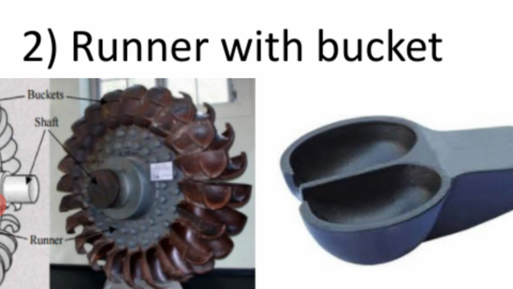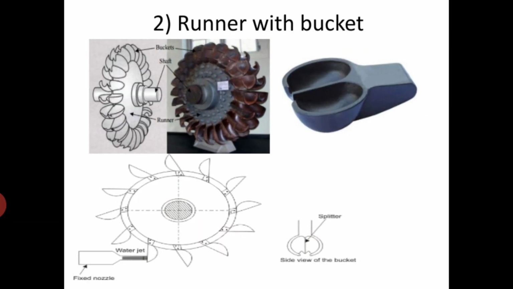So the water jet after impinging on the buckets is deflected through an angle of 160 to 170 degrees instead of 180 degrees, so that it may not strike the back of the incoming bucket and retard the motion of the wheel. So that is the reason why the bottom of the bucket is cut.